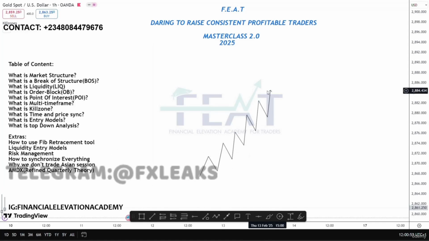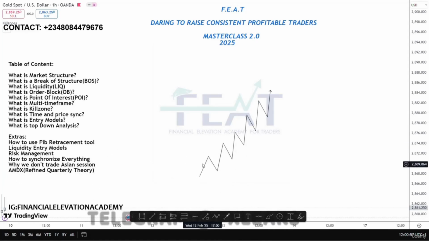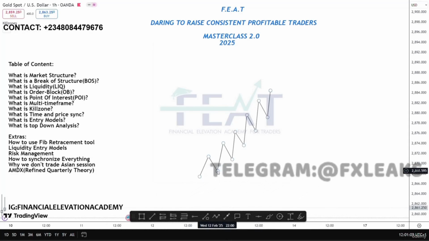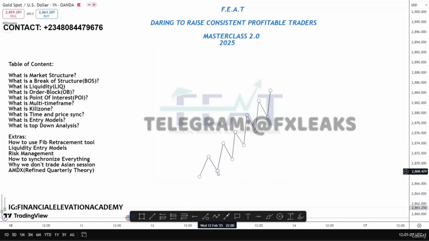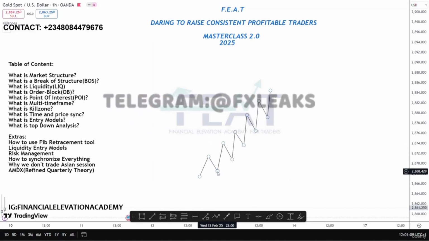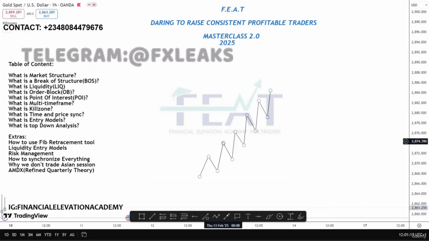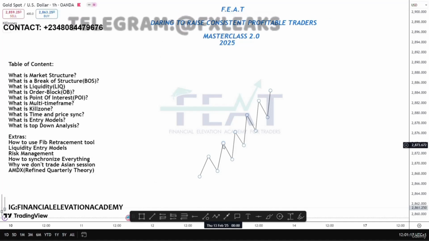Yeah, that's the best way to explain it. So this was a low that created this high, and this high created a higher low, which is this one here, and this higher low created a new high, or you can call it a higher high, right?